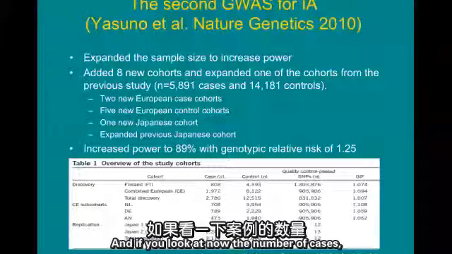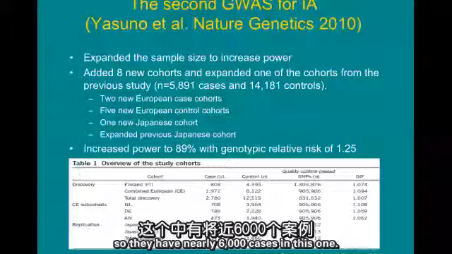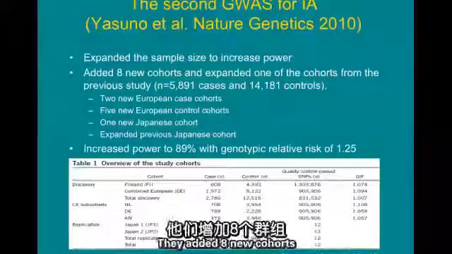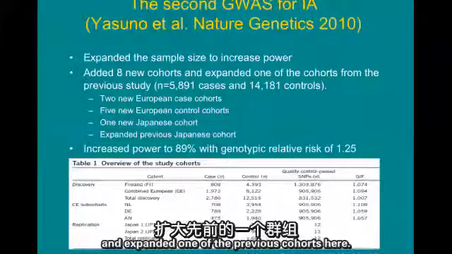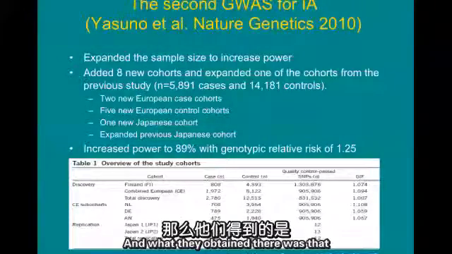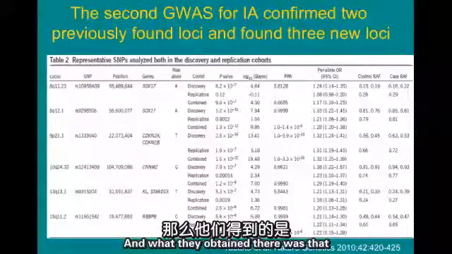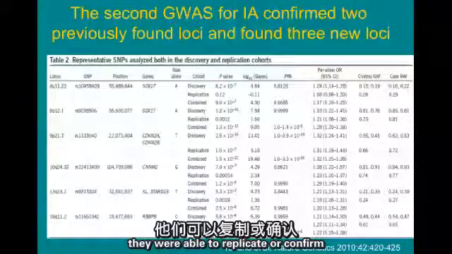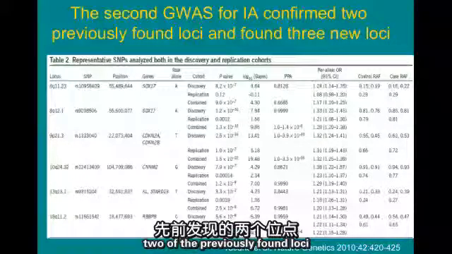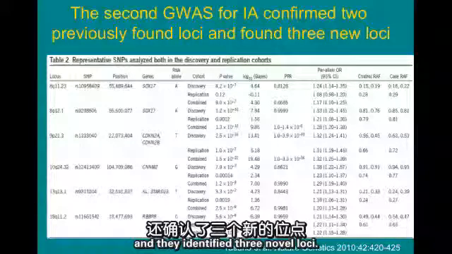They have nearly 6,000 cases in this one, and they added 8 new cohorts and expanded one of the previous cohorts. What they obtained was that they were able to replicate 2 of the previously found loci, and they identified 3 novel loci.